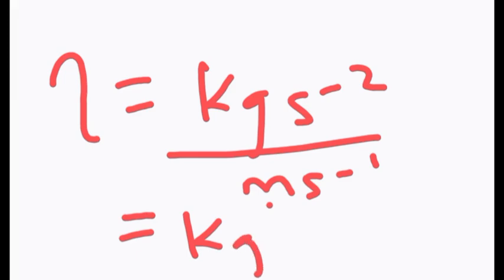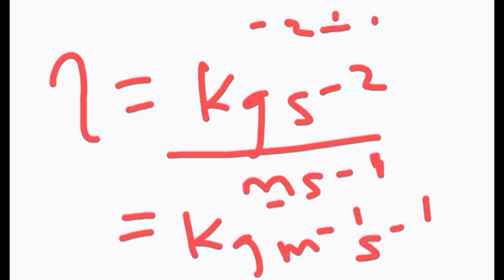This meter here is going to come up to be m raised to power minus 1. And now remember, this seconds raised to power minus 2 and this seconds raised to power minus 1, we are going to combine together. This is minus 2, then this is minus minus 1, which is minus 2 plus 1, so that at the end we'll have our seconds to be minus 1.